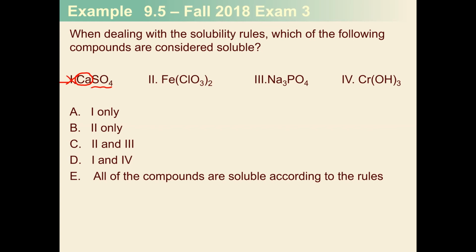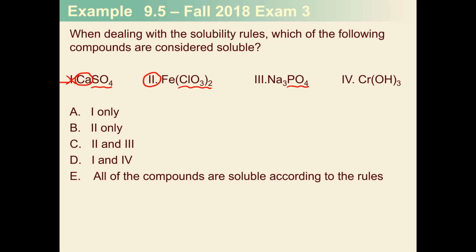Well, now we can go to number 2, and you will see that I am going to have iron 2 chlorate. Well, chlorates are always going to be soluble. We do not have to worry about our iron. 2 is going to be soluble because of our chlorates. So let's go ahead and look at answer 3, and you will see that I have a phosphate.